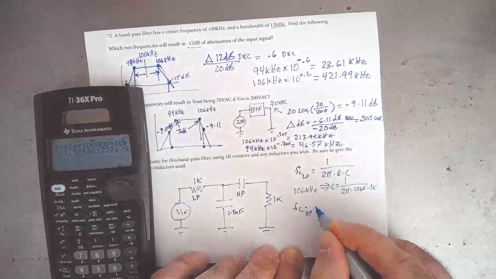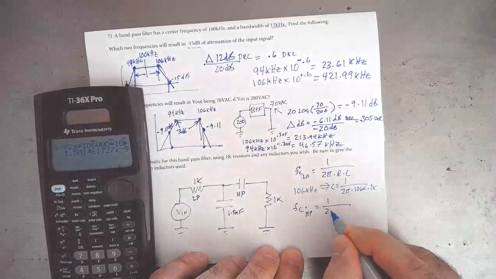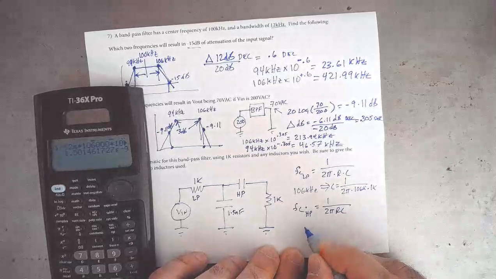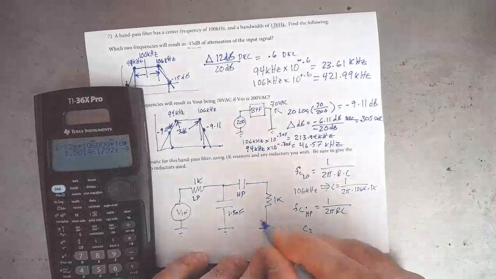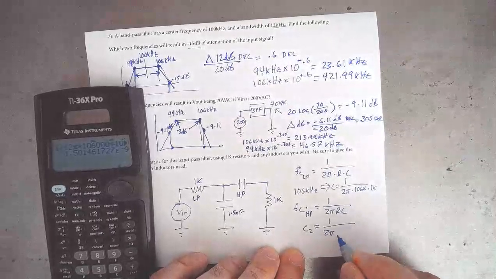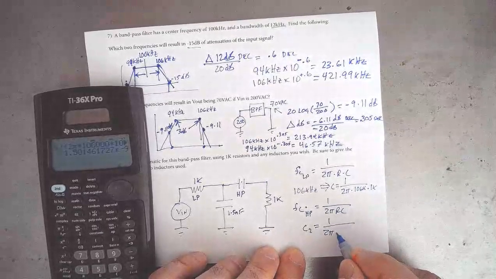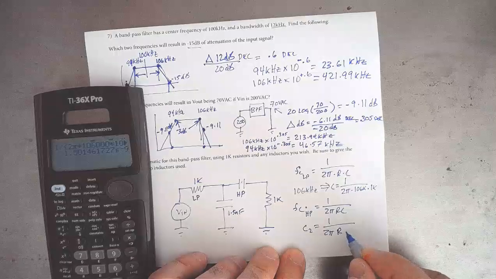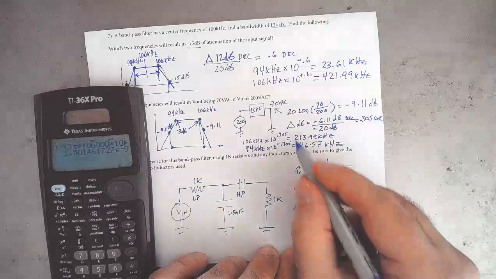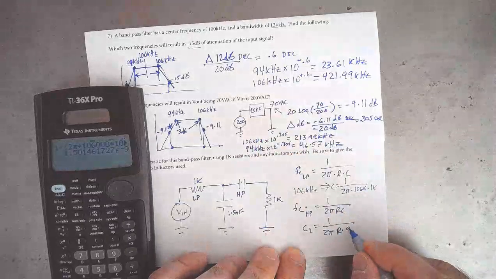And for this one right here, the critical frequency for the high pass is going to be the same thing, 1 over 2 pi RC. So that means that C2 here is going to be 1 over 2 pi times R times, what is that critical frequency? 94 kilohertz.